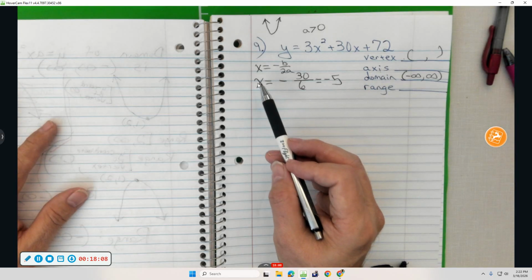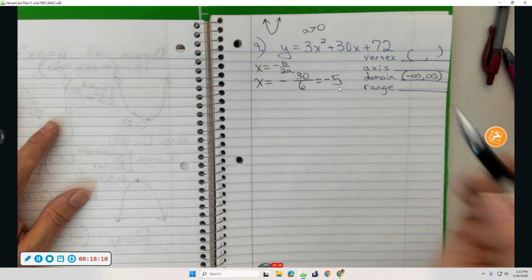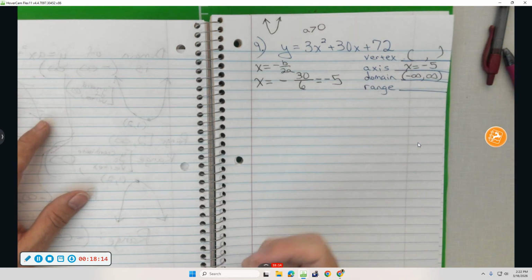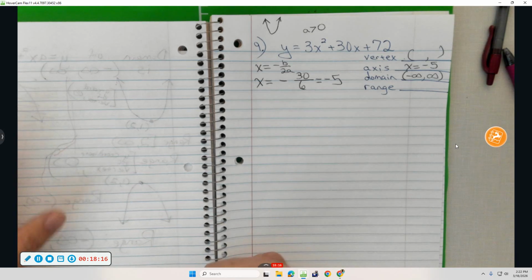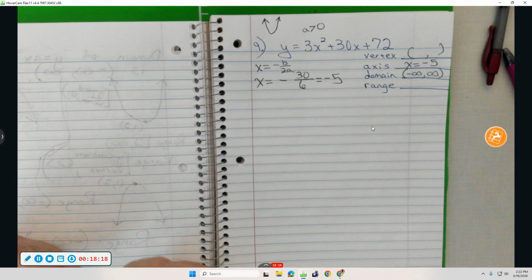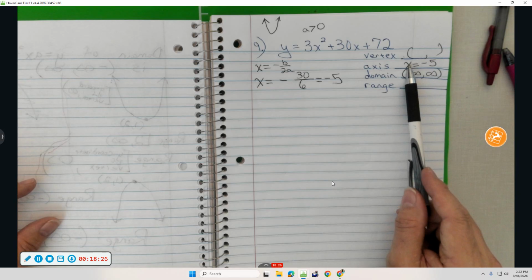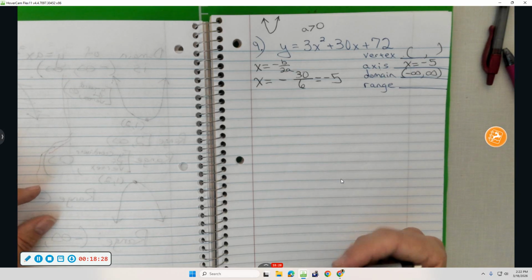And it's in the form x equals negative 5. They're probably going to tell you to type an equation. If you just type negative 5, they'll probably count it wrong. The axis is a vertical line, and it has to be in the form x equals negative 5.